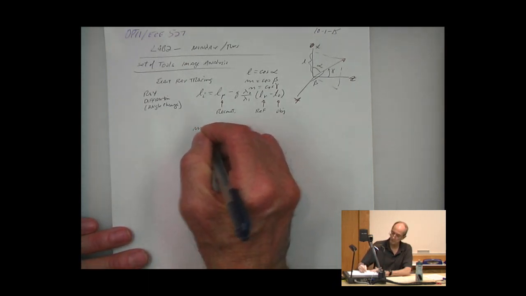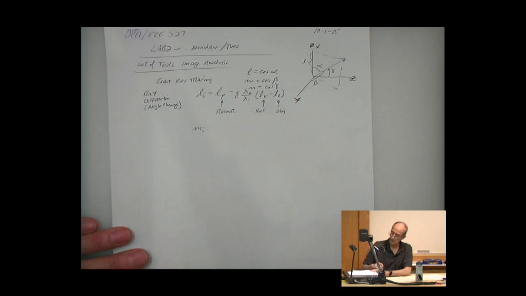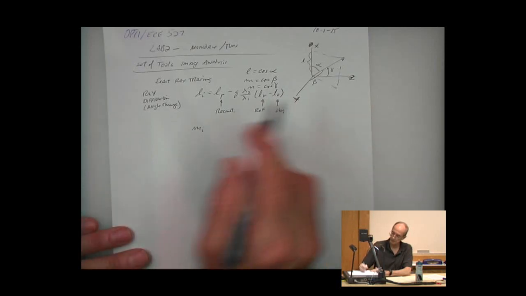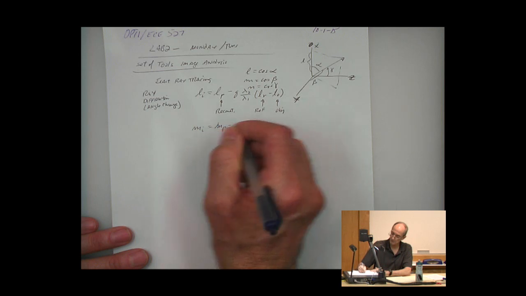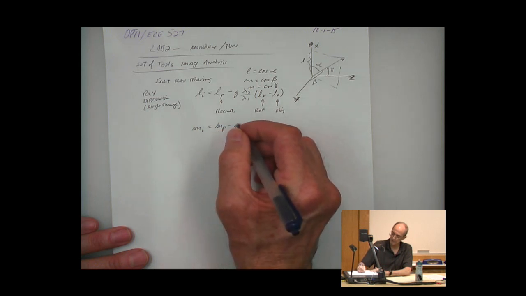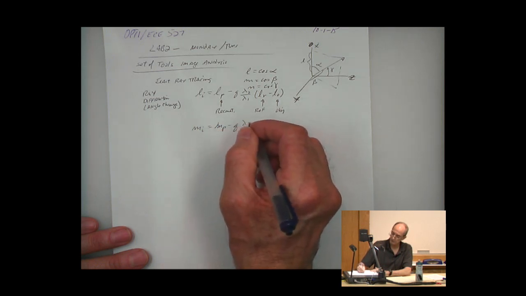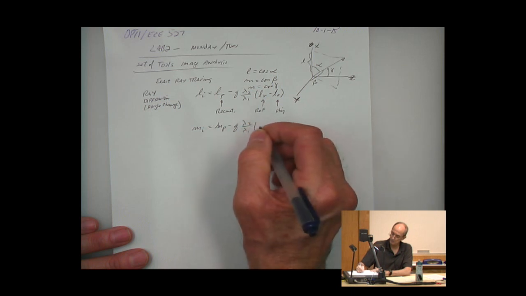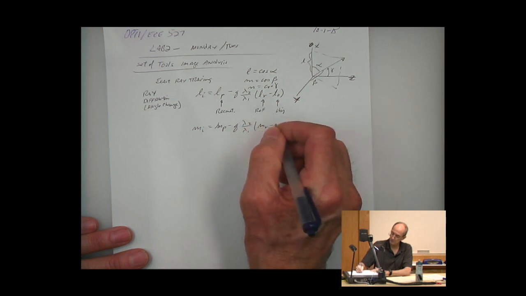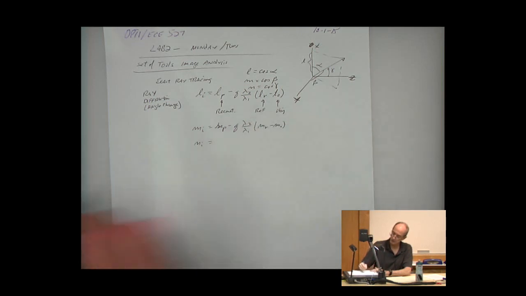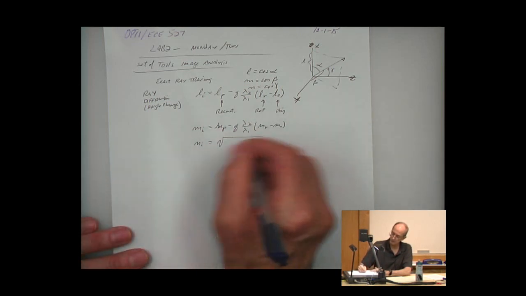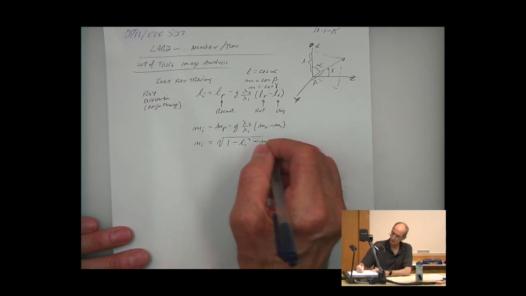Similarly, relative to the y axis, we have Mi is MP minus Q, which is the diffraction order, lambda 2 over lambda 1, Mr minus Mo, and then Ni, using our direction cosine law, is just the square root of 1 minus Li squared minus Mi squared.